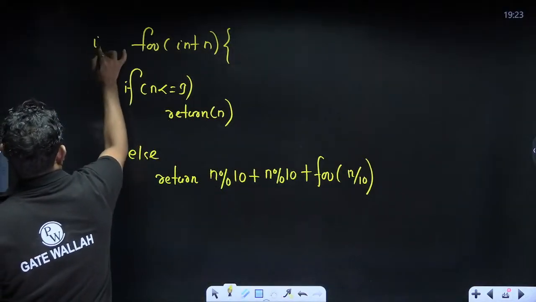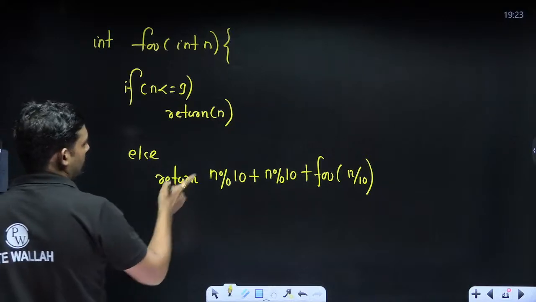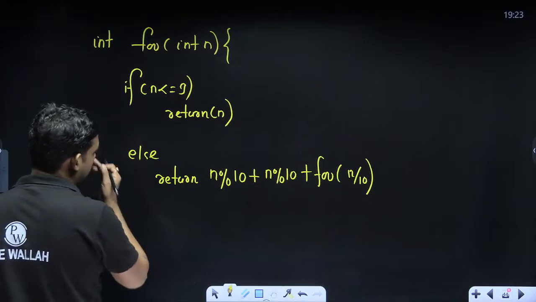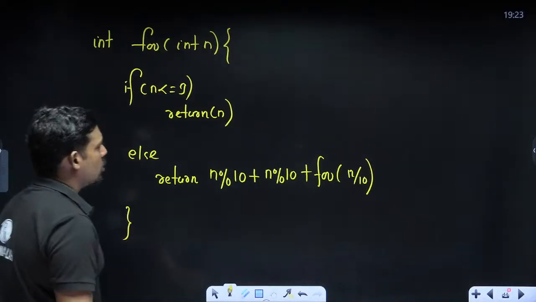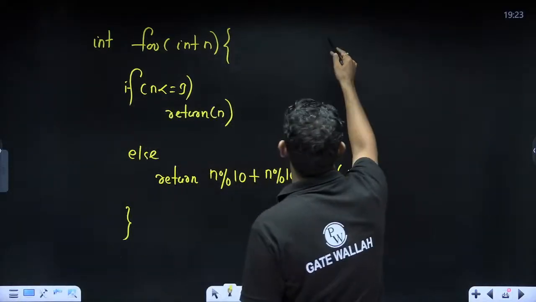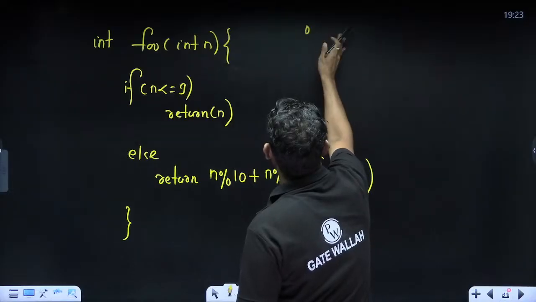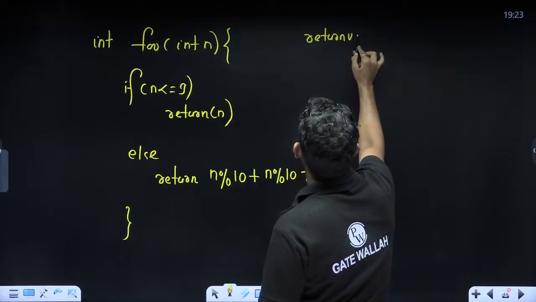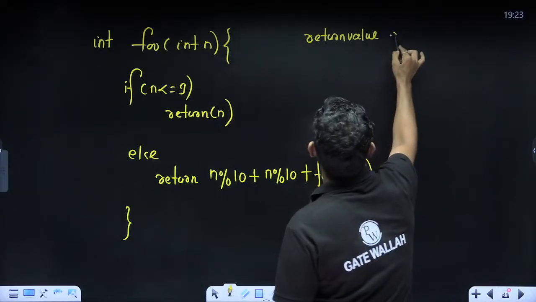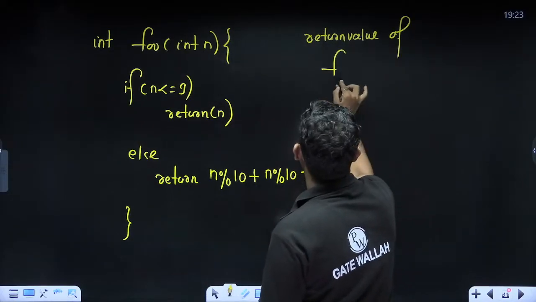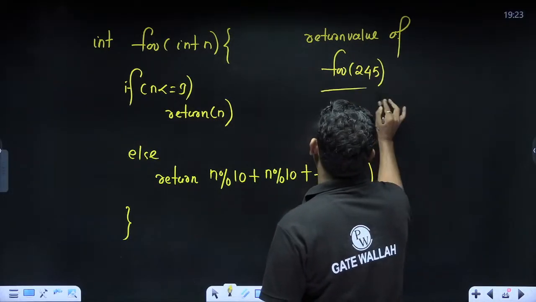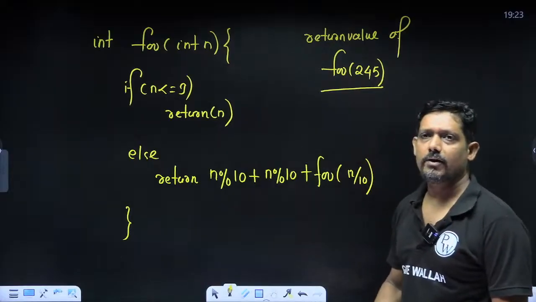Now the question is, what is the return value of foo(245)? You have to find the return value of foo(245).